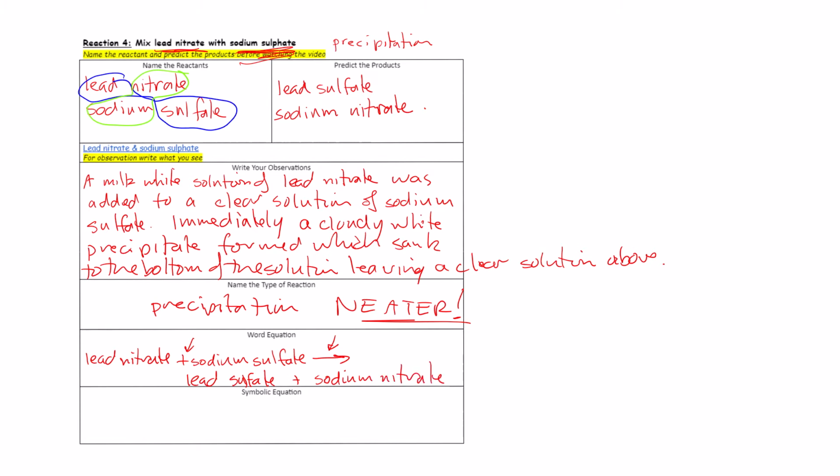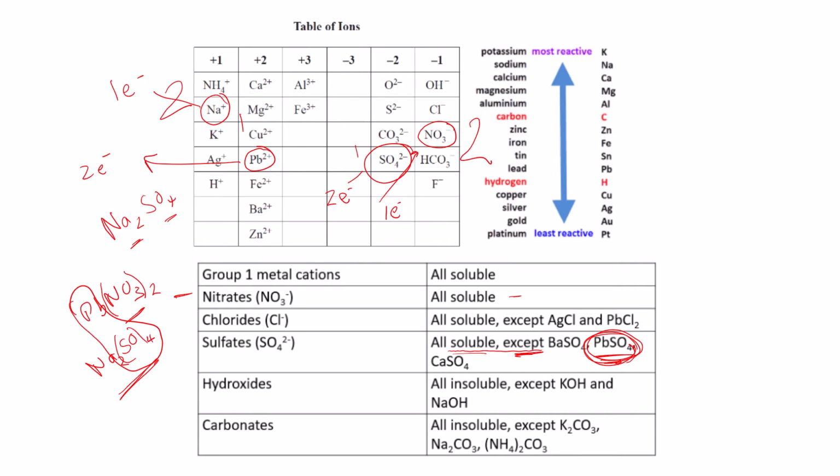So let's then work out our equation. Lead nitrate: lead forms a 2 positive ion, and nitrate a 1 negative ion, so we need 2 nitrates for 1 lead.